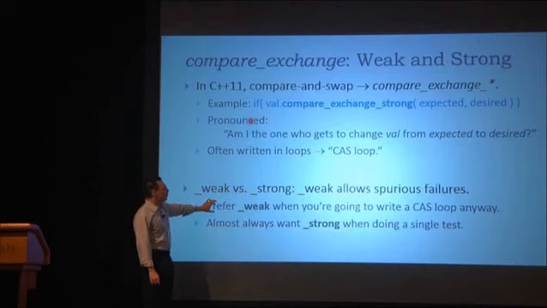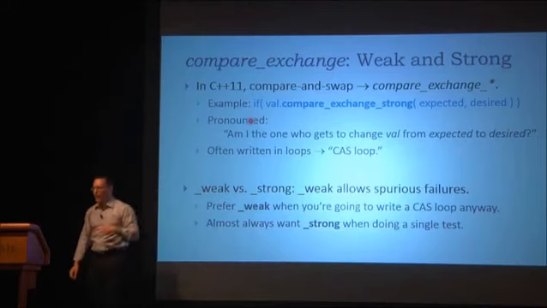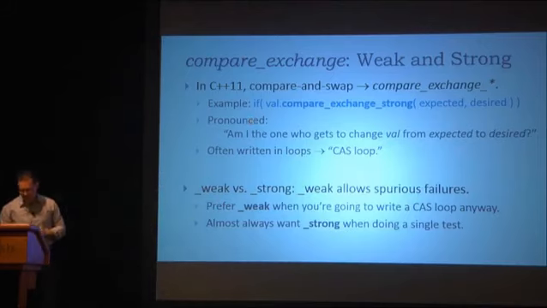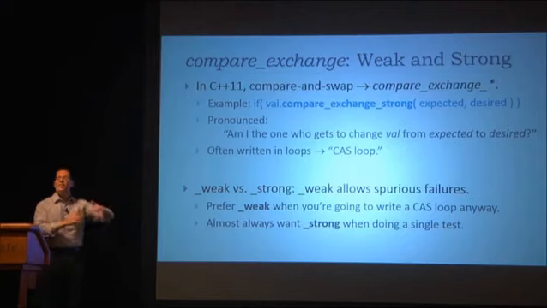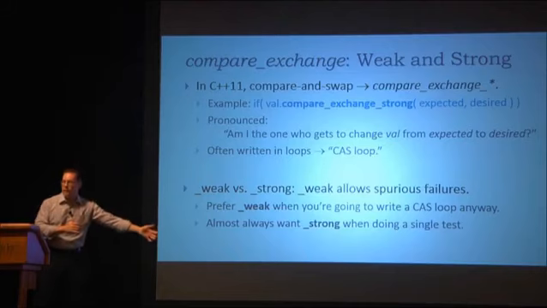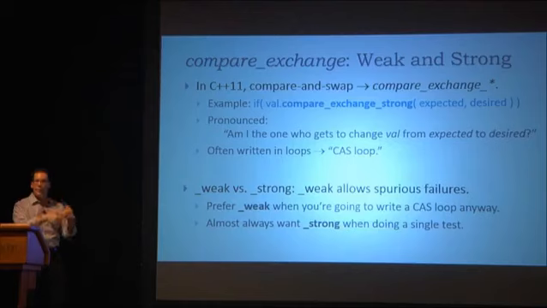Prefer the weak version if you were going to write a loop anyway. The difference is that the weak version is allowed to fail spuriously. What that means is that even if the value was expected, I may just, for other reasons, like I don't like the look of you this nanosecond, say, no, I failed. That's OK if you're going to be doing this test in a loop anyway.